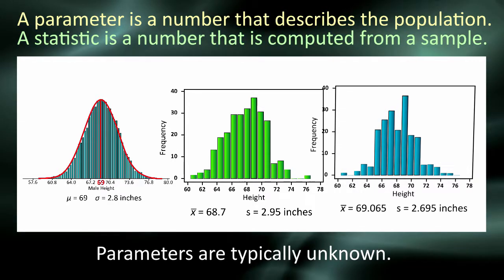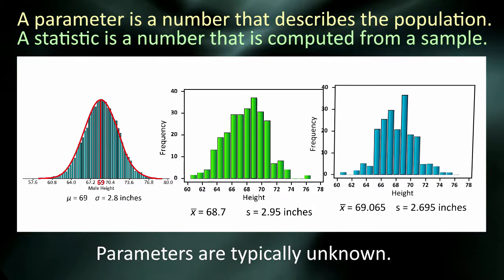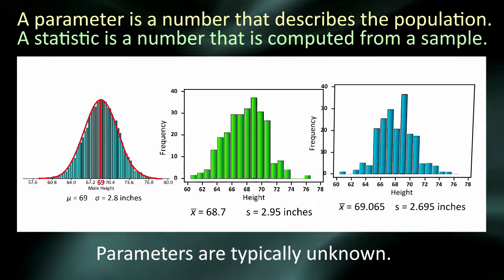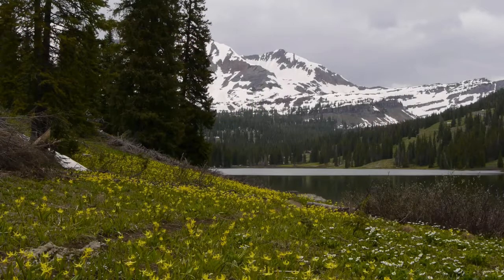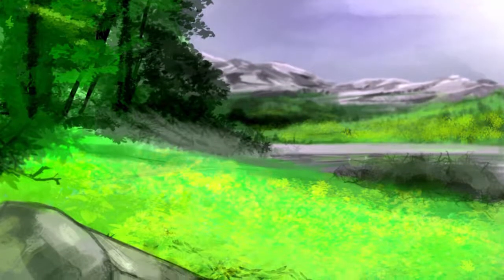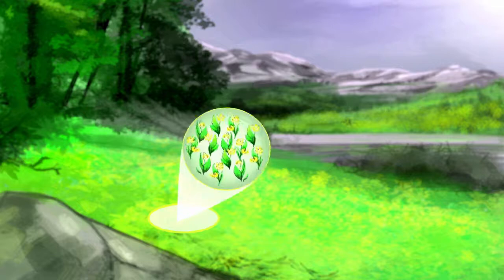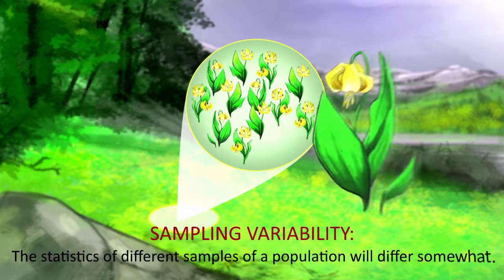Parameters are typically unknown because it's impractical or even impossible to know exactly what values a variable takes for every single member of a very large population. Statistics are computed from samples, and each sample of a population is going to have different statistics. The statistics of different samples of a population vary. This is due to sampling variability.